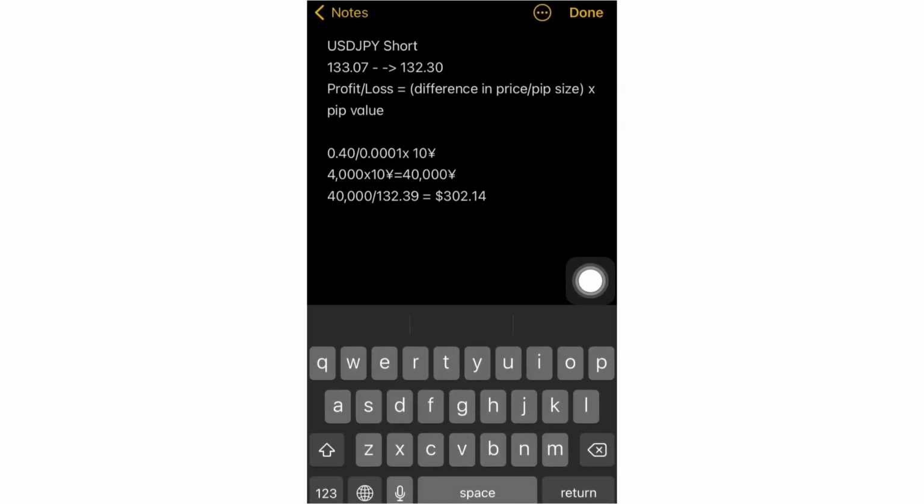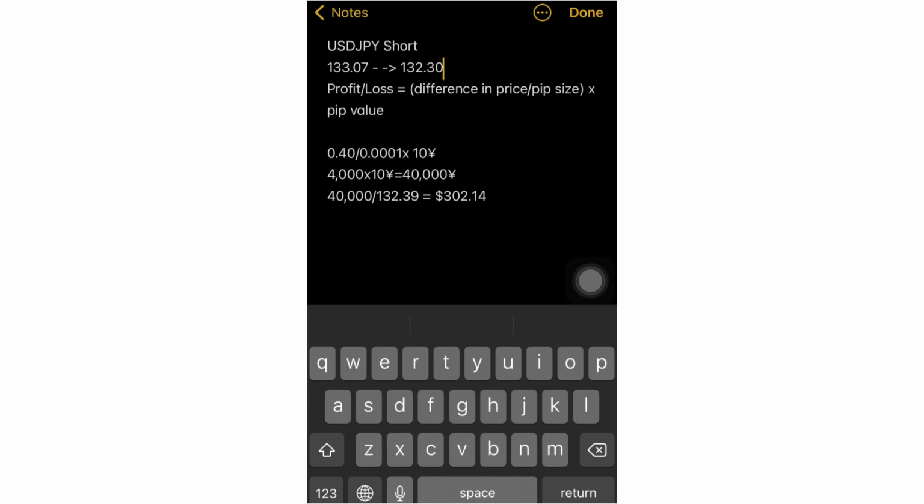So what it simply means here, to calculate the profit, is that I'm going to subtract 132.30 from 133.07. Whatever we have is what we call the difference in price. It's going to give us that in pips.